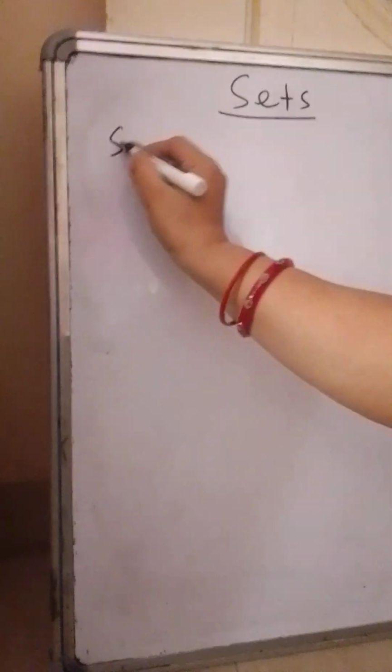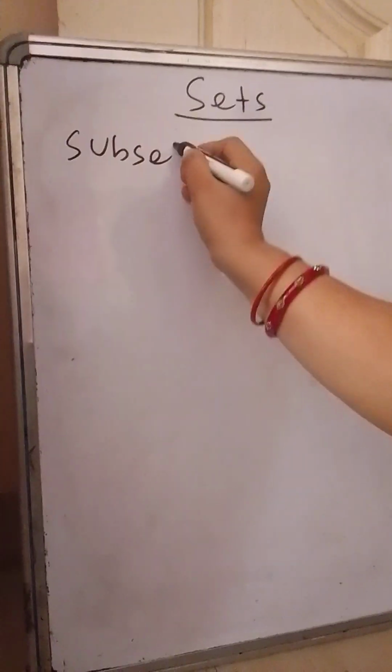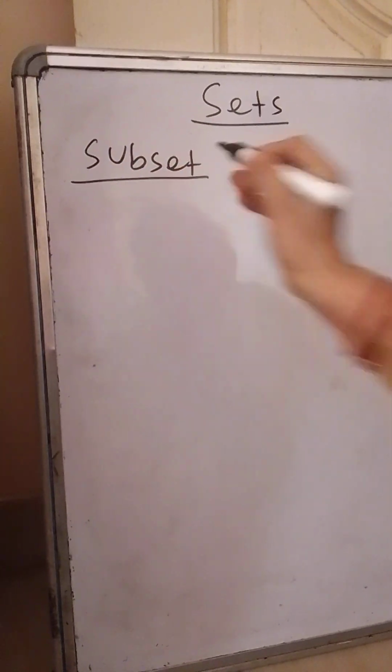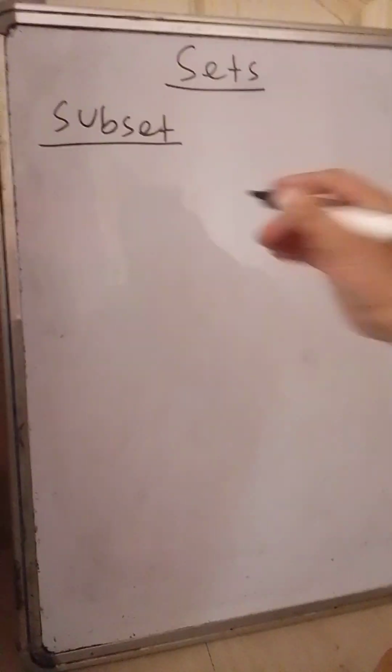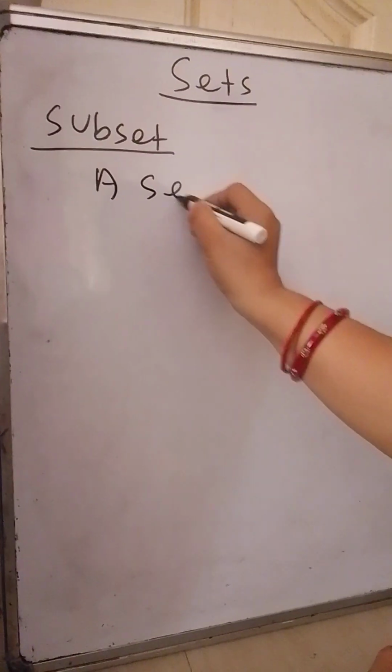Now today we will read what a subset of a set is. First, subset. A subset is also a set. It is a subset of another set. Let A be a set.